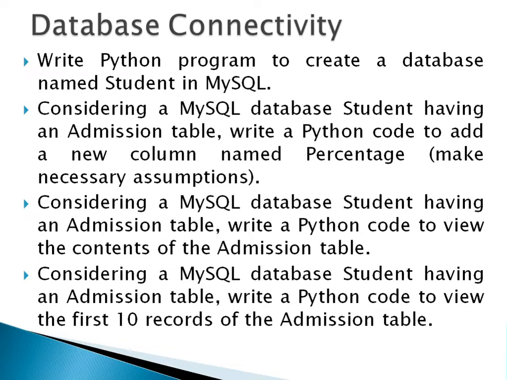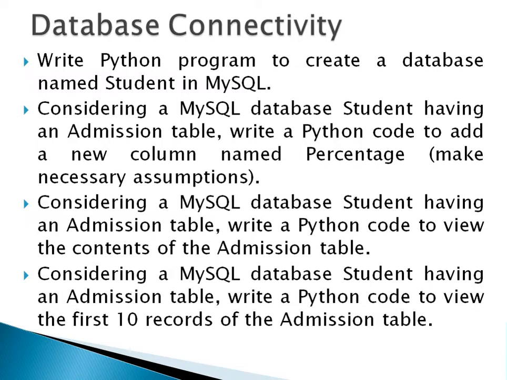And the last question can be, considering a MySQL database student having an admission table, write a Python code to view the first 10 records of the admission table. This program is just like the previous one, but the difference is the function that will be used to fetch the records.